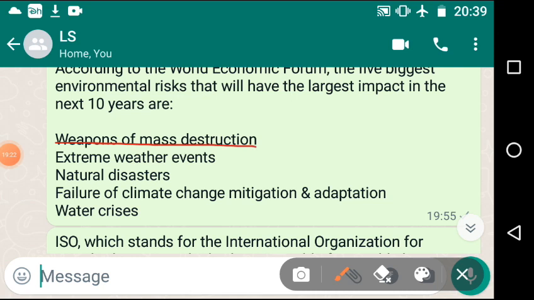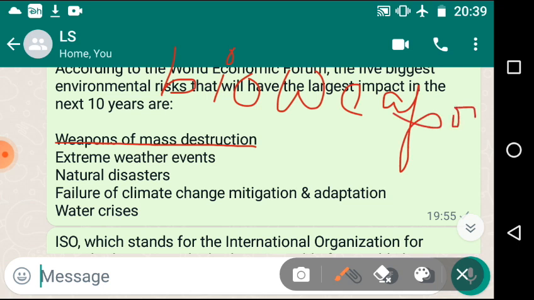Weapons of mass destruction. Countries and governments, to establish their supremacy and dominate other countries, are using different types of weapons. Weapons are of many kinds. One type I wish to mention, for those who are not from a biology background, for whom it is a new topic, is called the bioweapon. A bioweapon is not like a gun or something else.